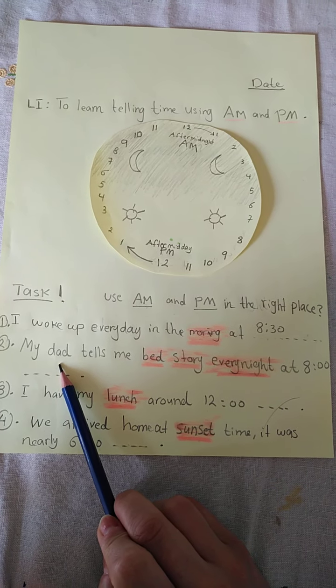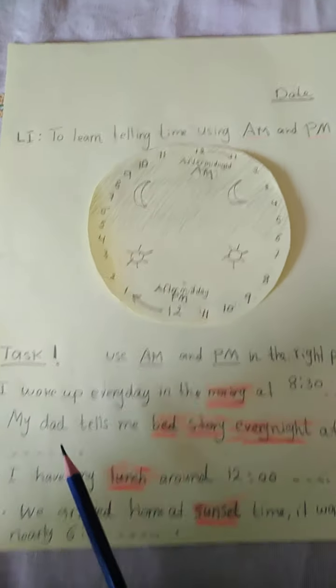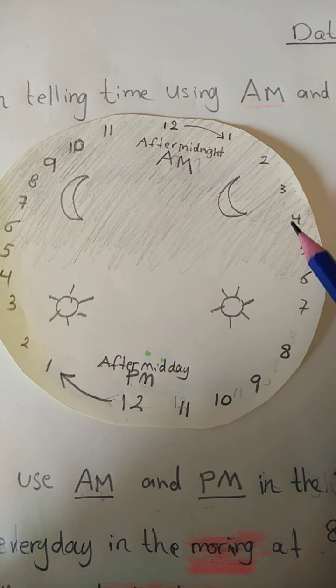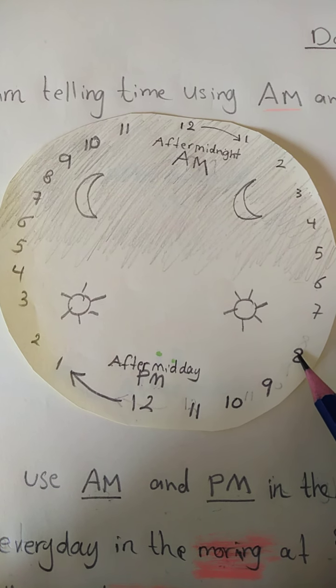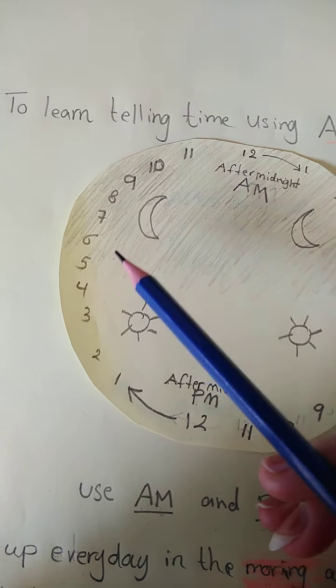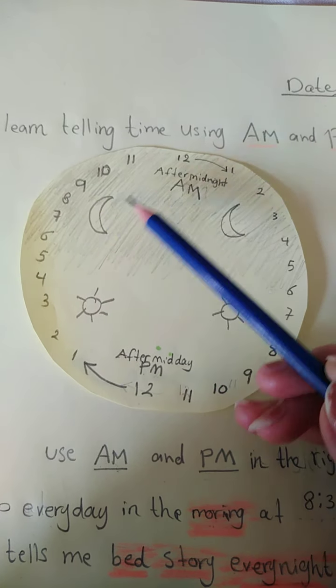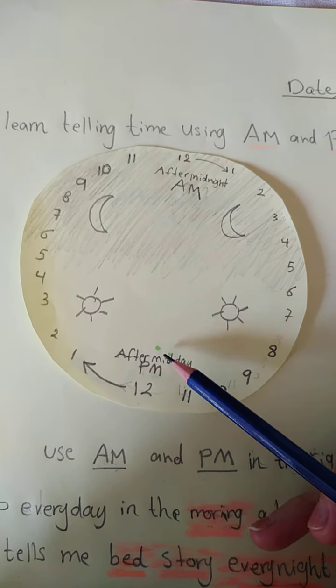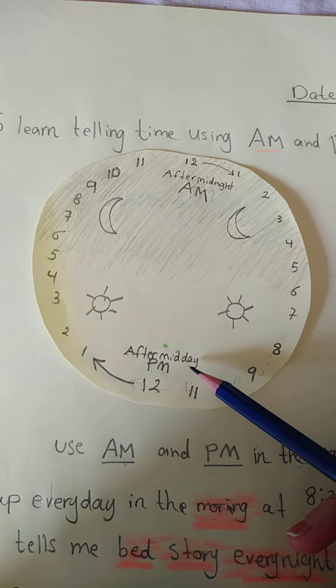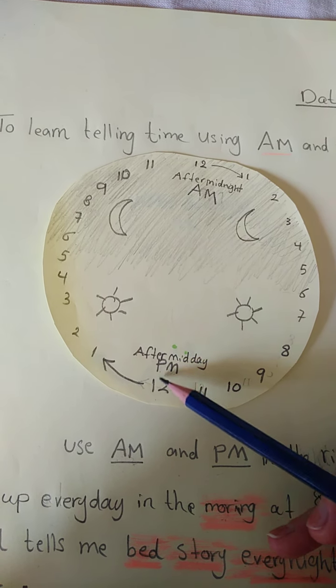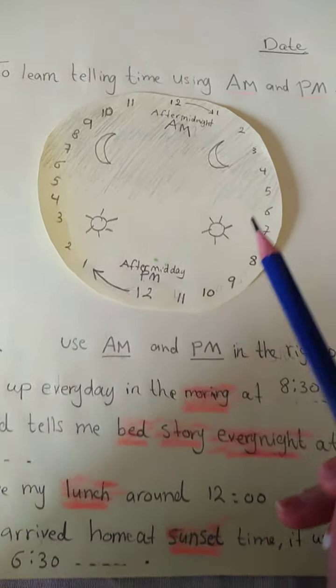Is it PM or AM? This is bedtime. It's night. So what are you going to use? Remember, after midday, it's always PM.